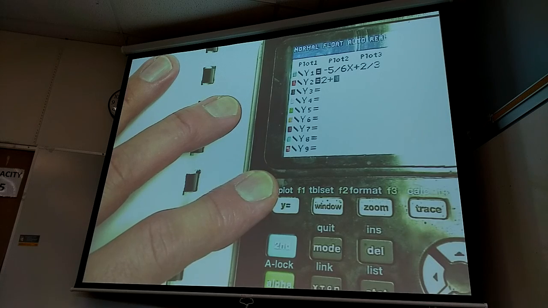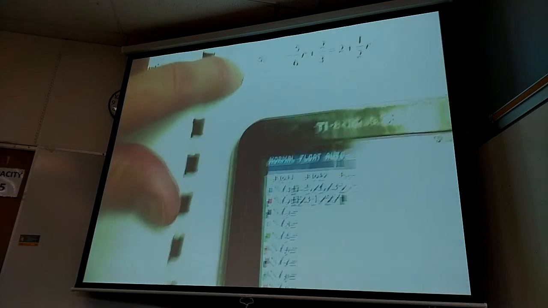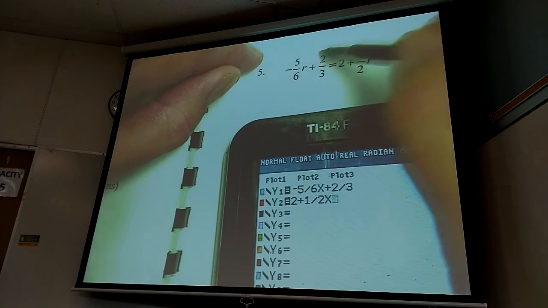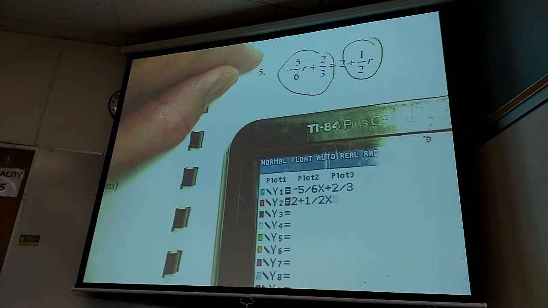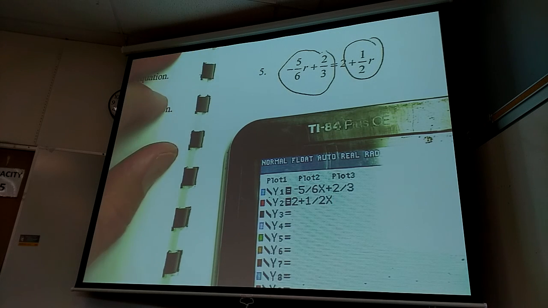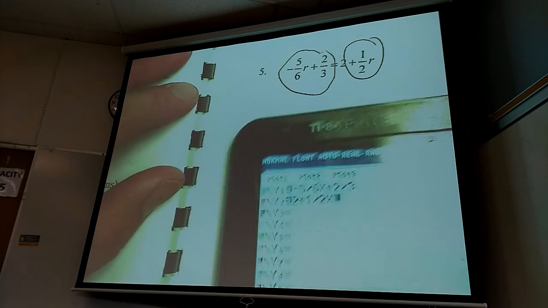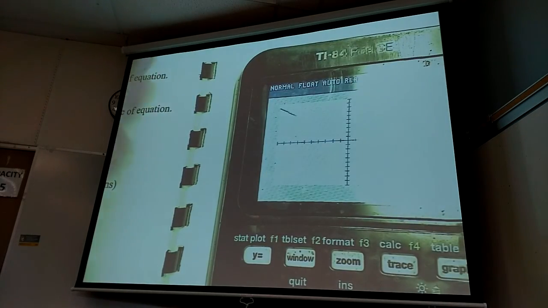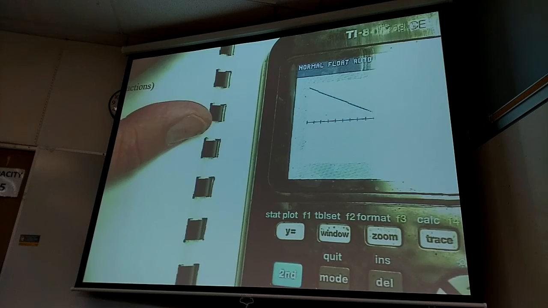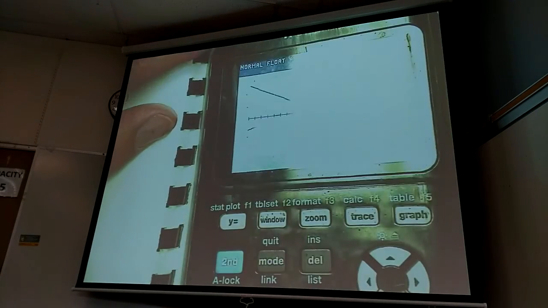And then 2 plus 1/2 x, that's the other side. So just put both sides of the equation in. So I'm going to have, when does this line equal that line? That's really what that equation means now. I can see that going back. Based on what we've done now, I can go back and reinterpret this. If I graph these, a little glare.